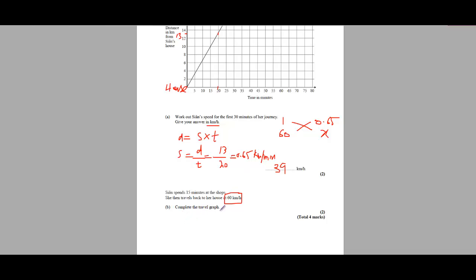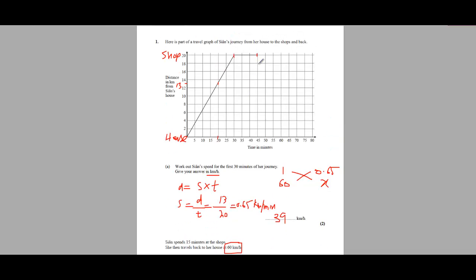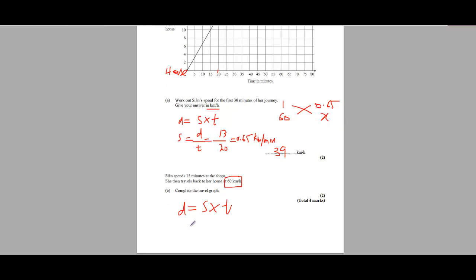Complete the travel graph. We will use again the formula distance is equal to speed multiplied by time. Look here, students, she will come from the shop to the house. The distance will remain 20 km because the distance from house to shop is 20.